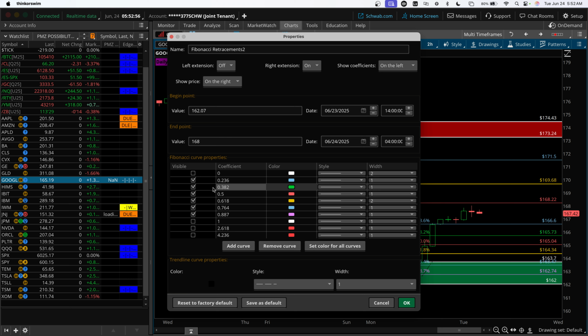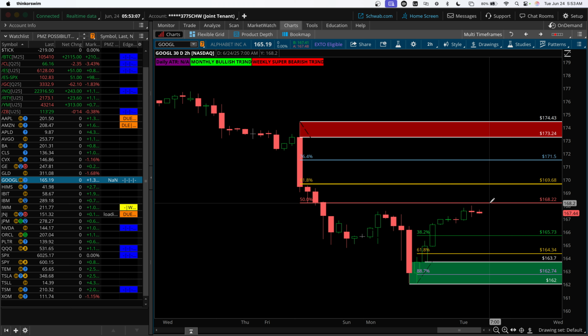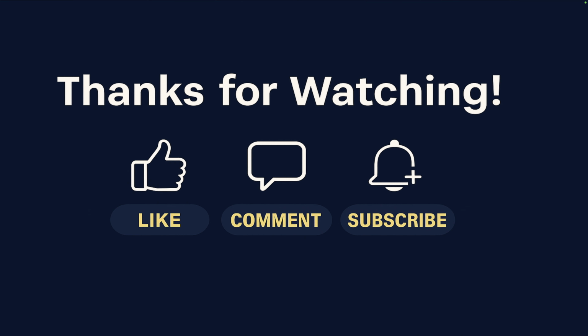So I'm going to remove those other Fibonacci levels like that, hit OK, and now I have scale out targets to the downside as well as scale out targets to the upside. And of course, I have my ultimate upside target and my ultimate downside target. This is how I create my targets, both ultimate targets as well as scale out targets.